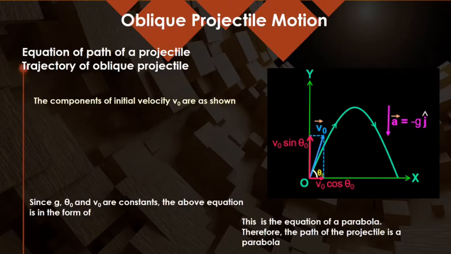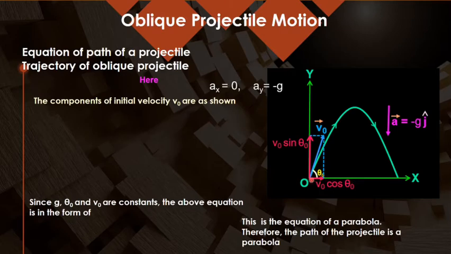We are dealing with oblique projectile motion. It means I am throwing the body at some angle with the horizontal direction. This I have taken as the x-axis, and this is the y-axis. Now if I throw the body like this, the initial velocity is taken as v naught, which makes an angle theta with the x-axis. This you should note: v naught makes an angle theta with the x-axis.